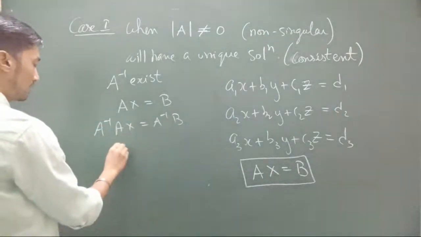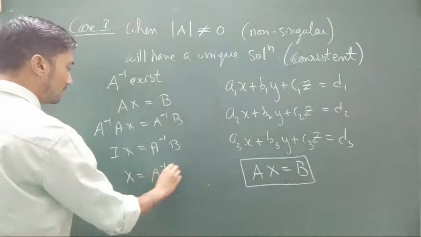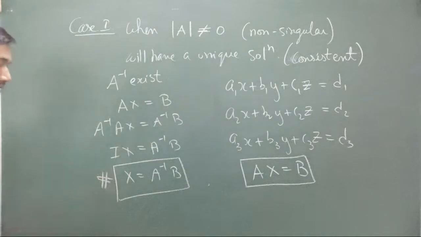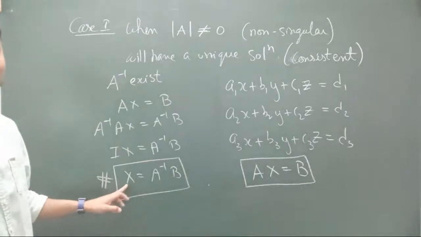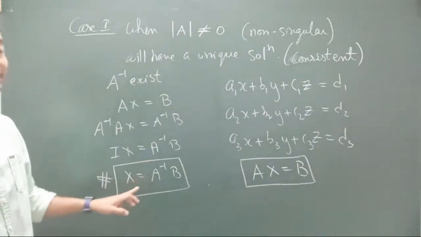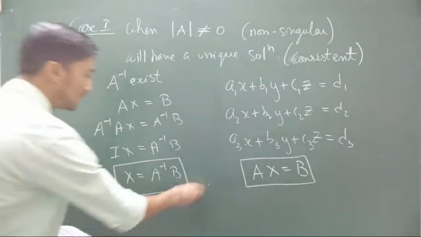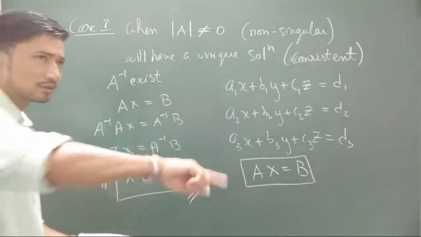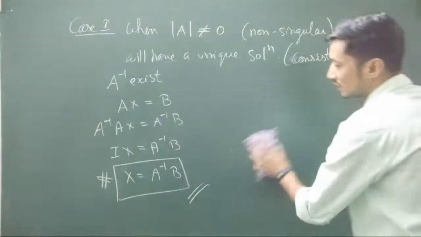So A inverse A, that's I, X equal to A inverse of B. So X would be A inverse of B. This is how we will solve the system of linear equations if it has a unique solution. That is, X, the matrix of the variables, will be equal to A inverse of B. This is our key to the lock which will help us get 6 marks.